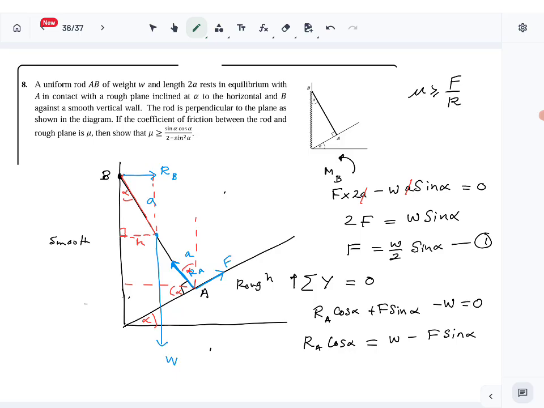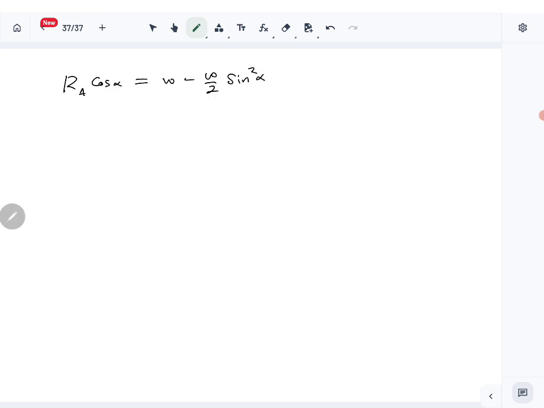Let's find RA. Divide everything by cos alpha, so you get W over cos alpha minus W over 2 cos alpha sine squared alpha.